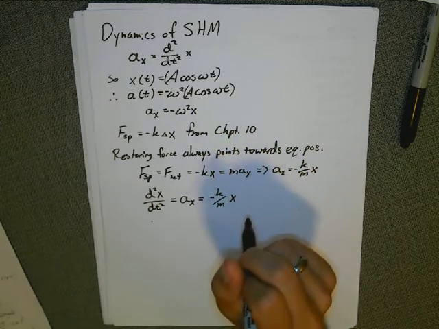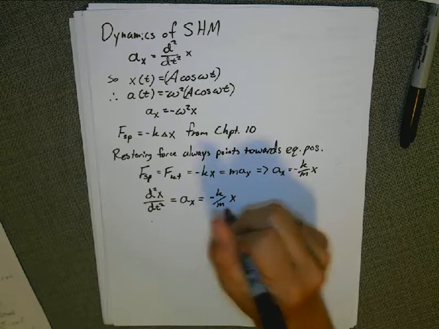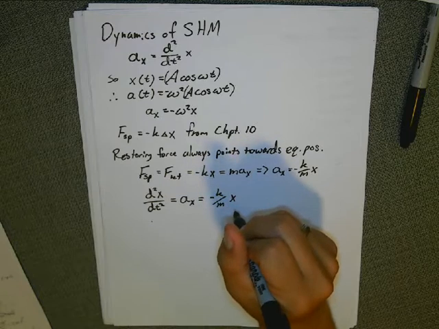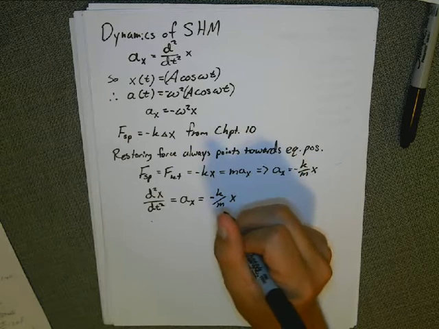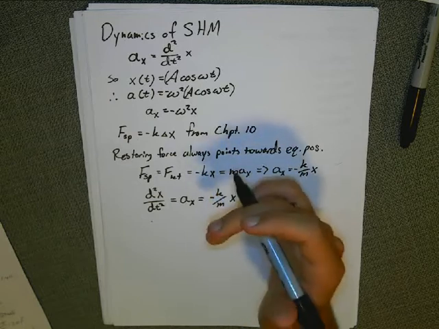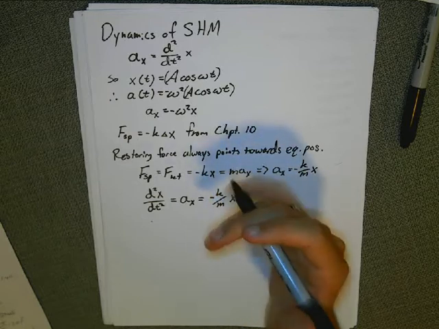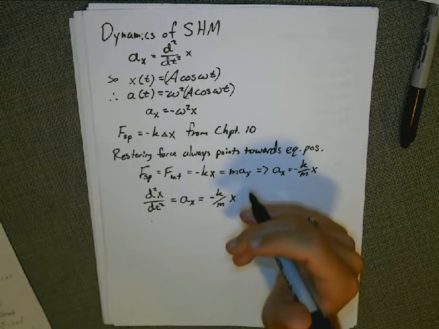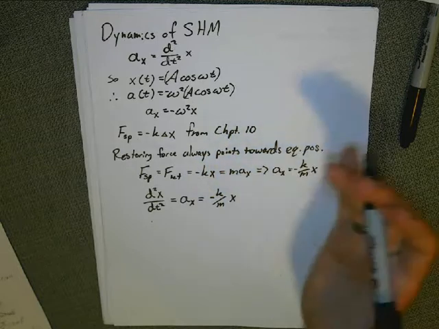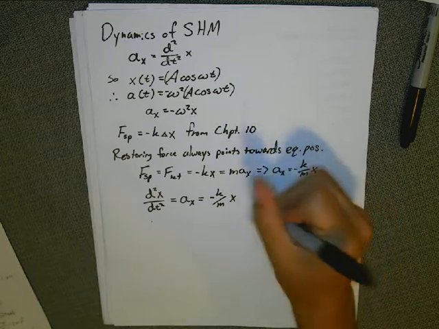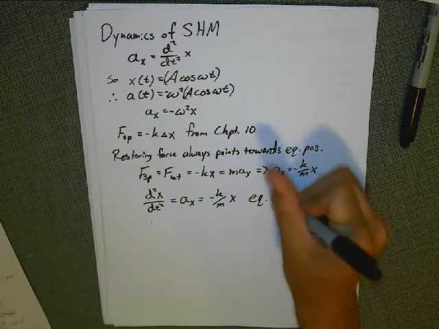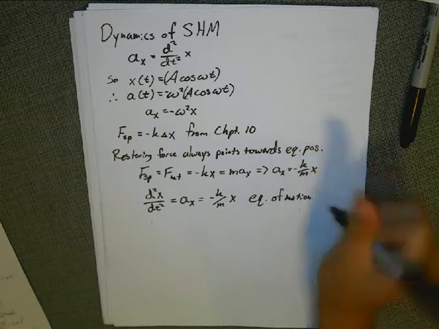This is our equation of motion. And this can't be solved by direct integration because it changes with the position. So it's a little bit more complicated than before. So this is our equation of motion for a spring.